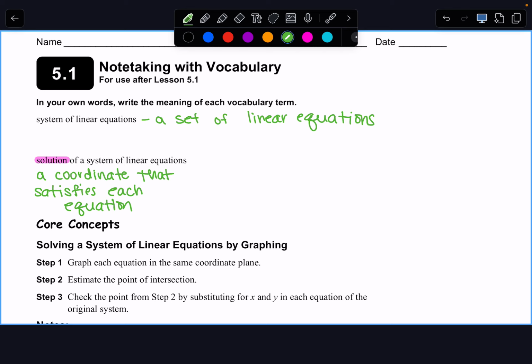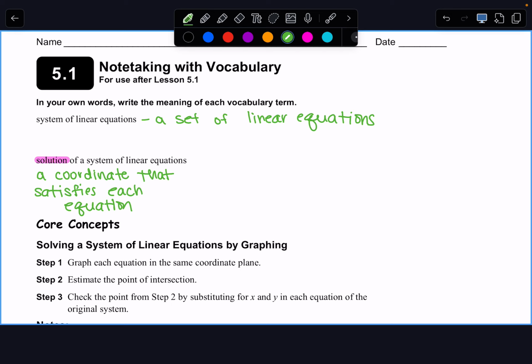They graphed me these two lines. If I asked you, hey, what's the solution? What do you think that would be? The area where they meet. Intersect.